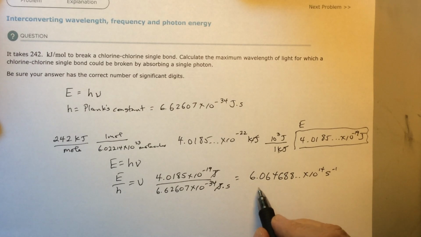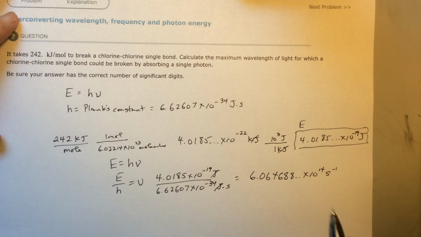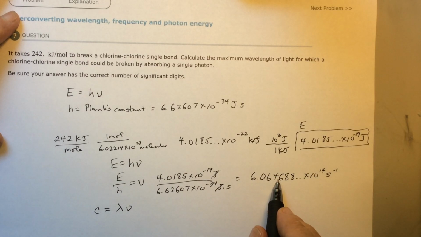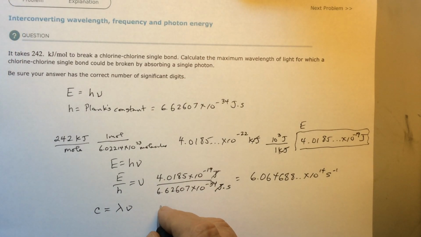You know from previous work that the speed of light is equal to your wavelength times your frequency. The speed of light is a constant, so you can look that up, and you've just found your frequency. So you're going to divide your frequency into the speed of light, and it'll give you your wavelength. Looking it up, I remember it as 3 times 10 to the 8, but I think that Aleks is more picky and wants it more specific.